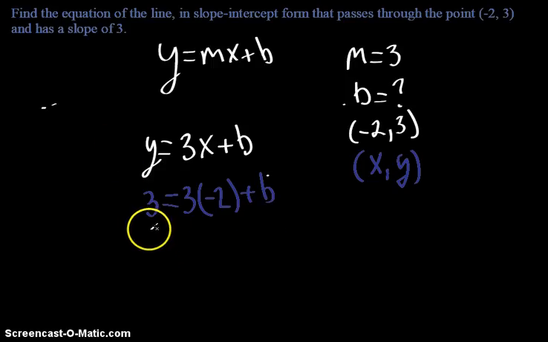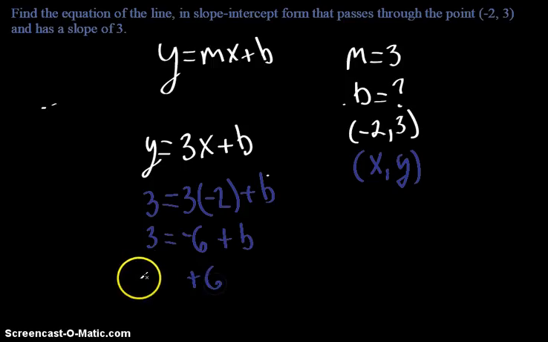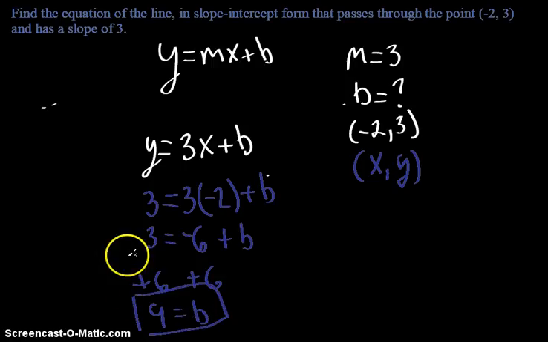So once I solve this, I have 3 equals -6 when I multiply 2 times -3, or -3 times -2, plus b. Then to finish solving that, I'm going to add 6 and add 6, and I'm going to get 9 equals my b. And now I have my b value.